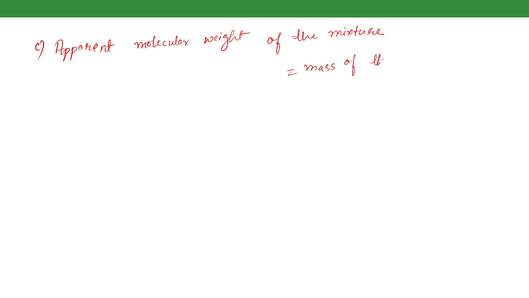The apparent molecular weight of the mixture is equal to the mass of the mixture by the number of moles of the mixture.